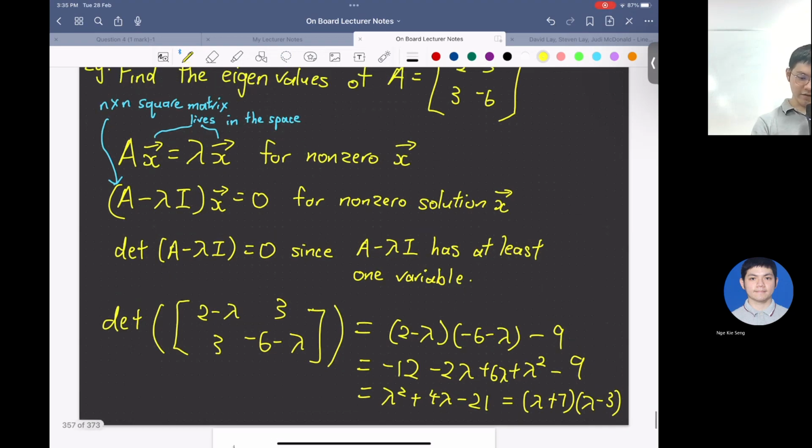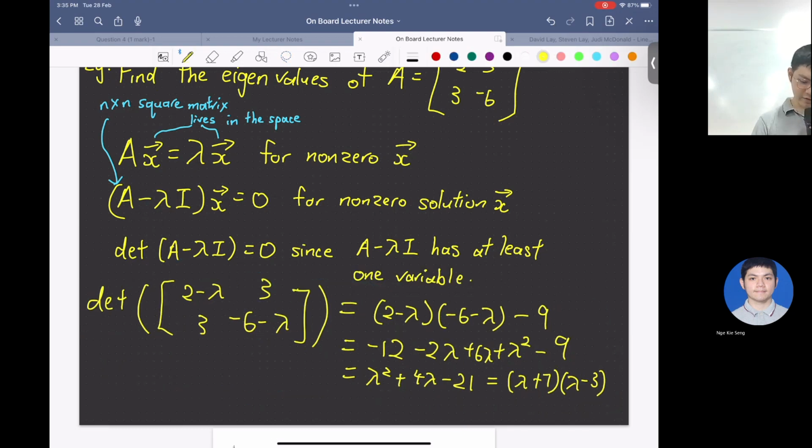Okay, so if you set this determinant equal to 0, what do you find? That determinant of A minus lambda I equals 0, then lambda plus 7 times lambda minus 3 is equal to 0.